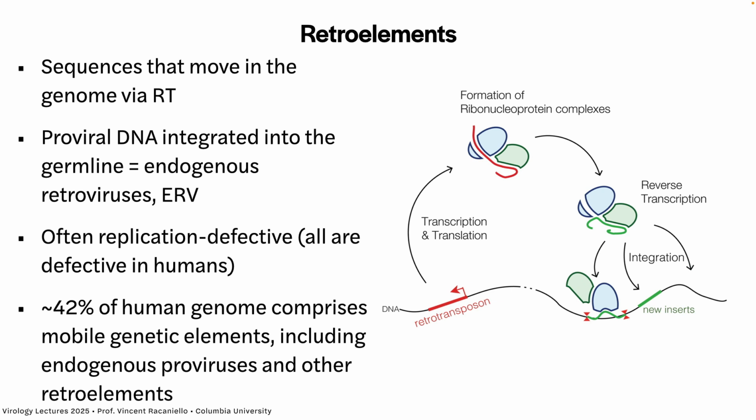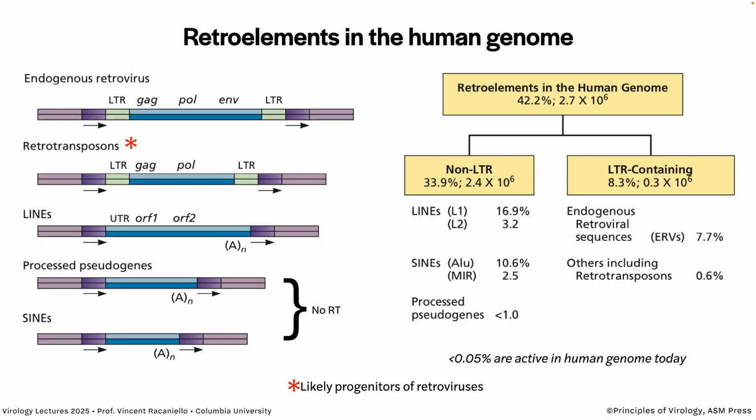And this includes endogenous proviruses, which would be put there by an infection with a retrovirus, and other retroelements. So here's the breakdown. We have 2.7 million retroelements in our genome, 42% of our DNA. And those are the different kinds on the left.